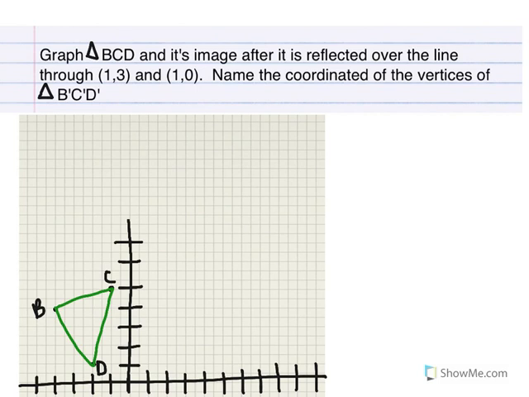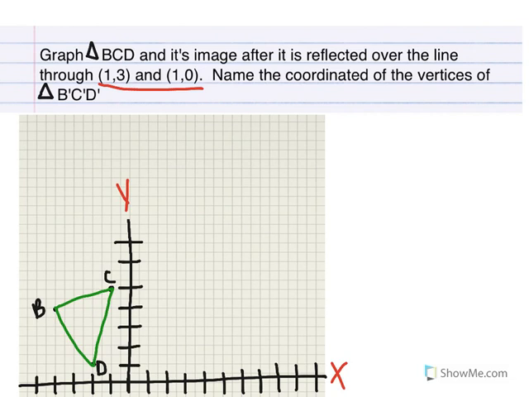So this question is asking us to reflect the image over a line through these points. I'm not asked to reflect it over a certain axis. I'm going to have to draw this line first, and that will be my line of reflection. So 1, 3 is going to be x-axis 1, y-axis 3.